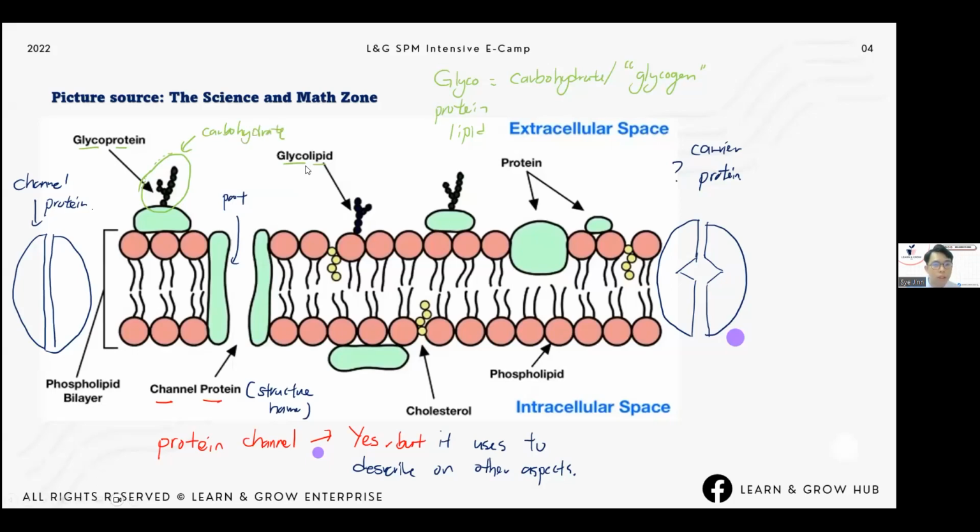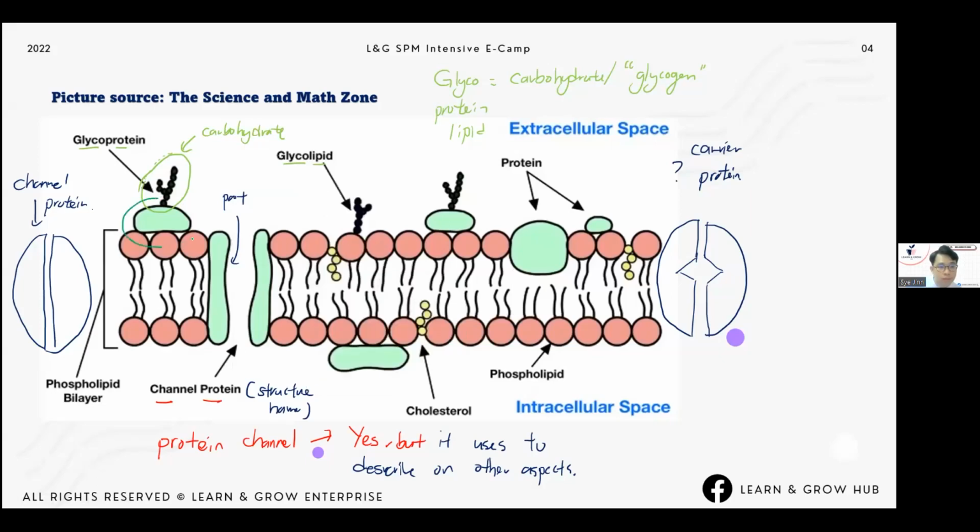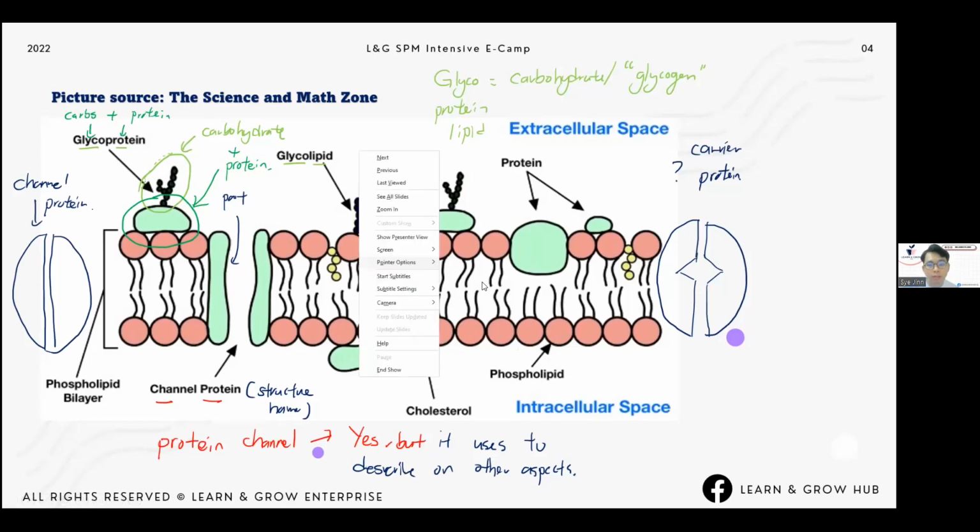And then another part is protein. So that's why glycoprotein means carbohydrates plus protein. Same here. The same theory will apply to the glycolipid.